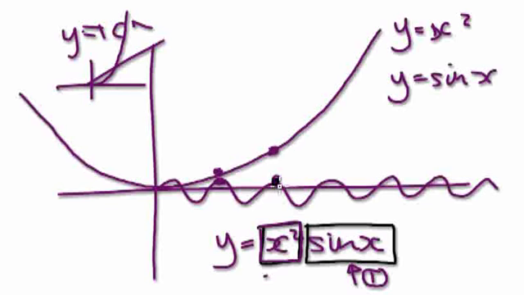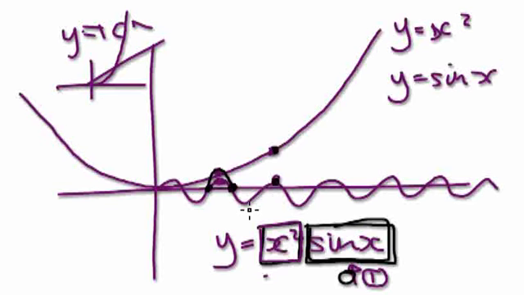Then at this point, sine of x will be 0, and 0 times x squared, whatever it is, will be 0. So at this point it will also be 0, and here your graph will look something like this.